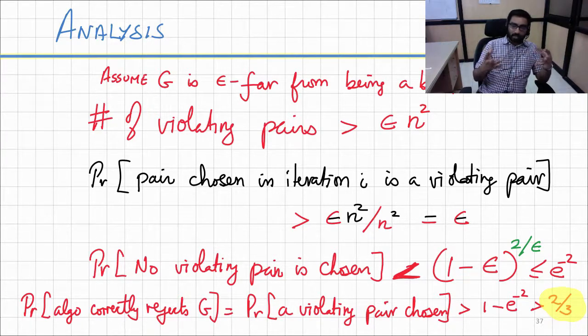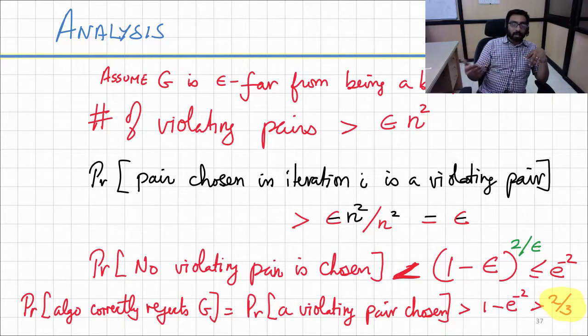The trick is to design an enforcement that will help us to test and reject instances that are far from having the property. That's the key insight. So now this brings us to the end of this second segment.